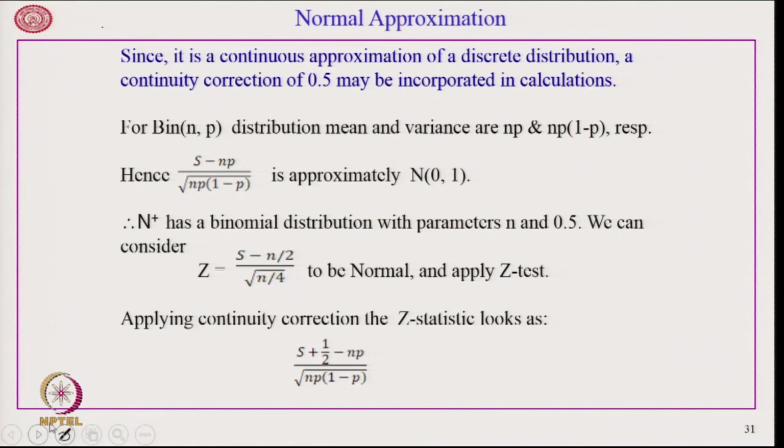In order to approximate any distribution with normal, we need to understand what is going to be the mean and standard deviation of the random variable. In case of a binomial n, p, we know that the expectation is equal to np and the variance is equal to npq, or np into 1 minus p. Therefore, the standardized variable is S, where S is the statistic. In this case, we have taken n plus.